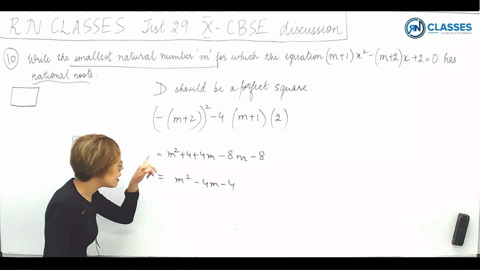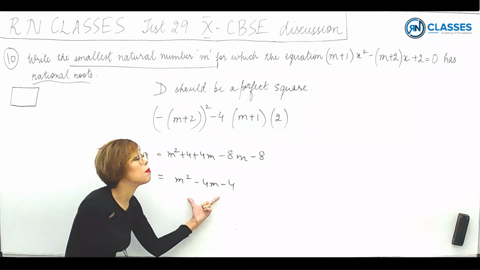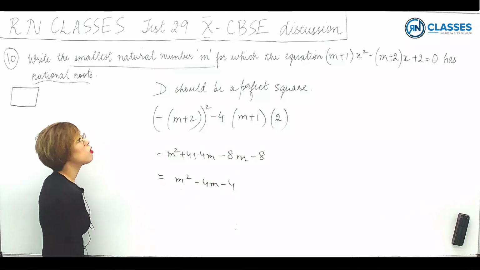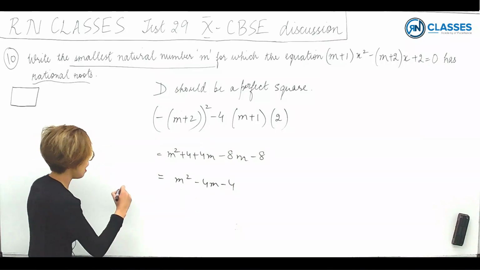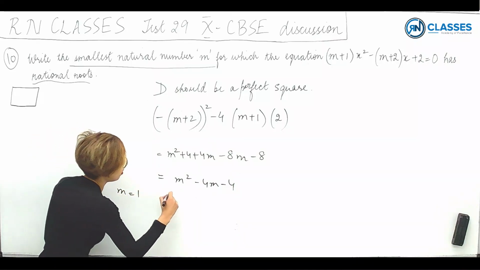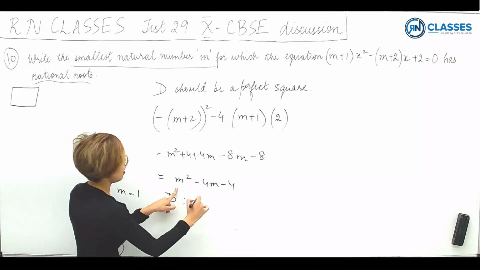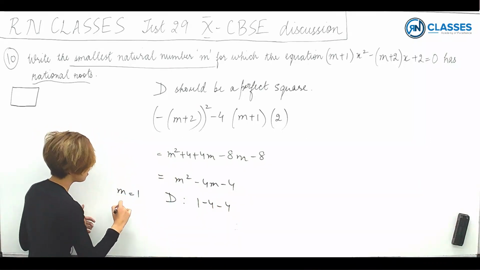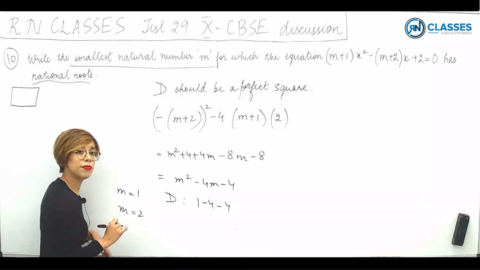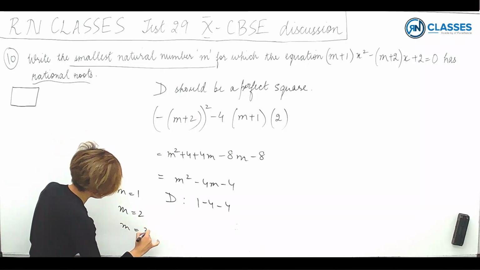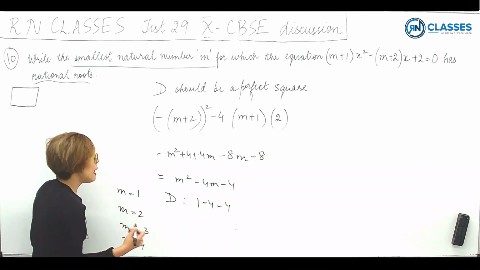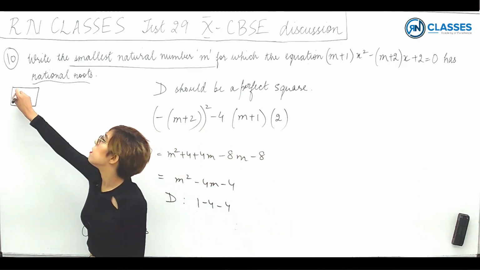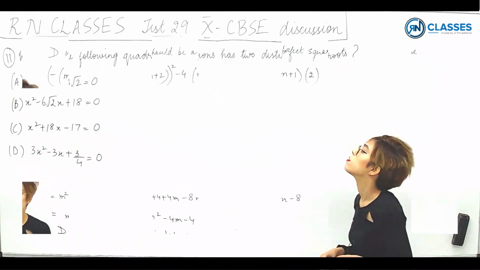Or I can say, write the smallest m for which this becomes a perfect square. Smallest one, so let's check. Smallest natural number 1. So for m equal to 1, check the discriminant: 1 minus 4 minus 4 is negative here. Okay, I will not try anything. Try for m equal to 2. Then m is equal to 3. Then m equal to 4. And then definitely try for m equal to 5, because answer is 0, 5.